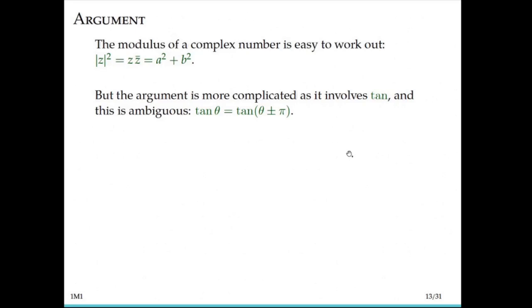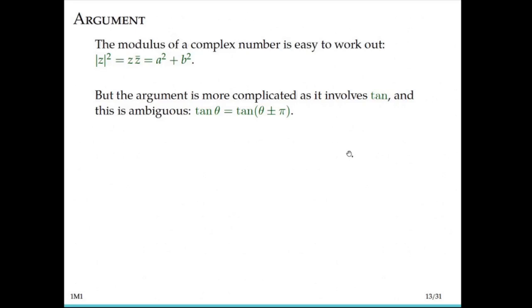The complication in finding these arguments comes from the fact that there's no single way that works for all angles to find them. You have to break up the plane into the quadrants and then consider which quadrant the complex number is in, and determine from that how you should determine them using trig functions.